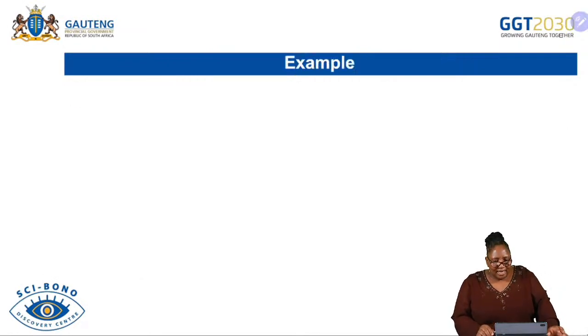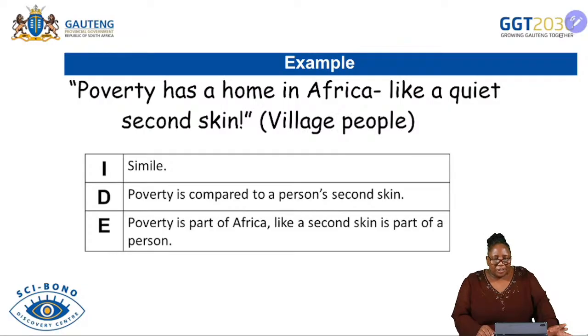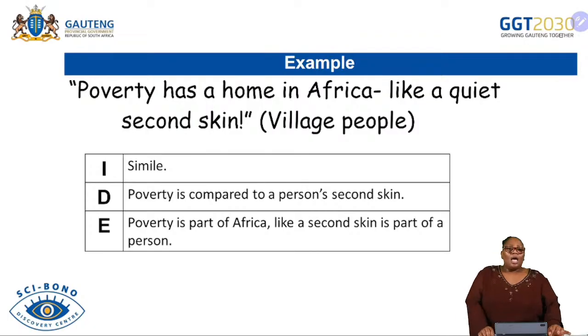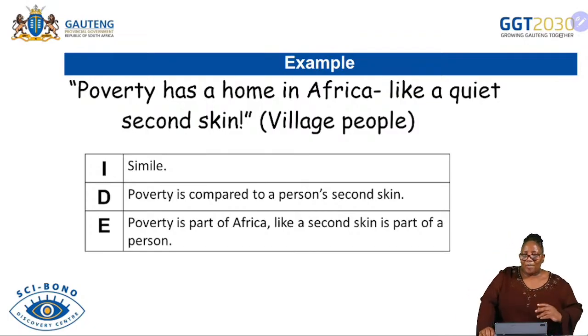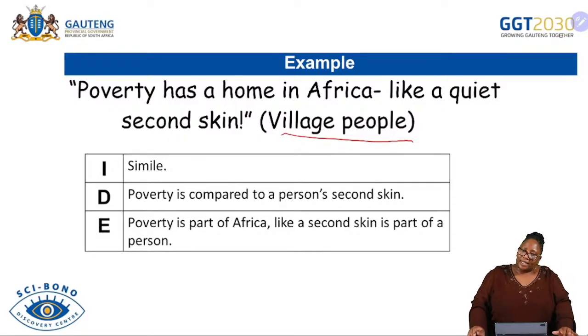Let's look at an example of a figure of speech. Poverty has a home in Africa like a quiet second skin. This you find in the story Village People, for those of us that are studying short stories.